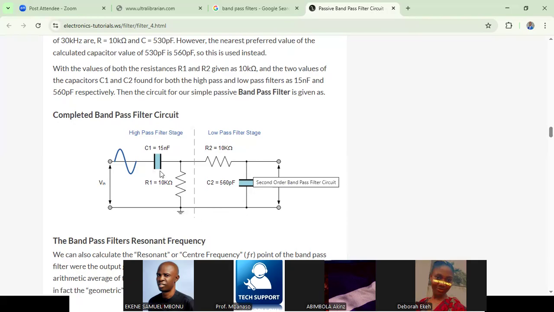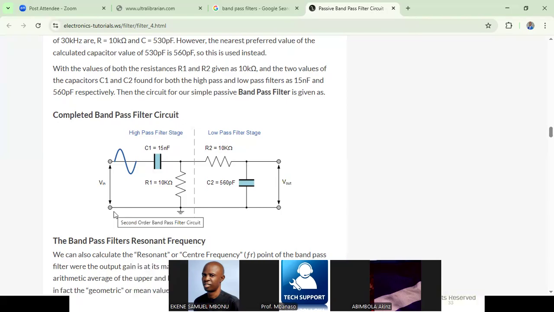High frequency will pass here. Coming to this point, some of them that is not needed will go back to the source. It's now left for you to define your frequency. This is the frequency I want. But for sure, this is the architecture of your band pass filters.